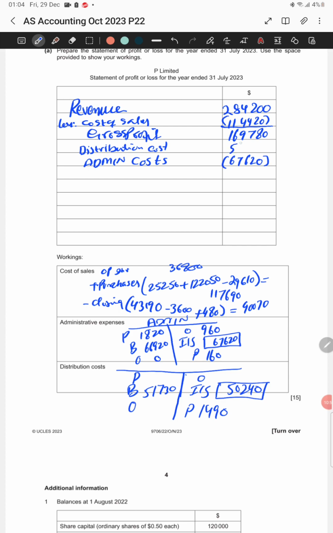Here will be 50240, and then we minus, we will get 51920. This is profit from operations.